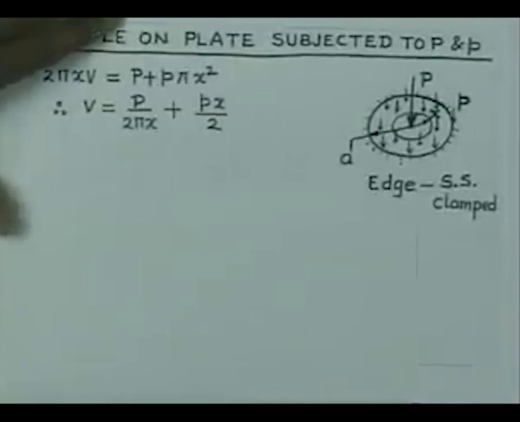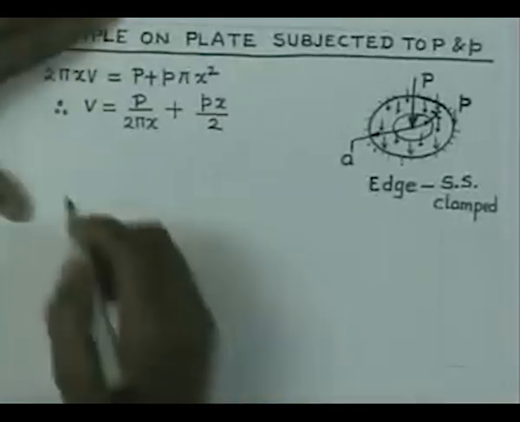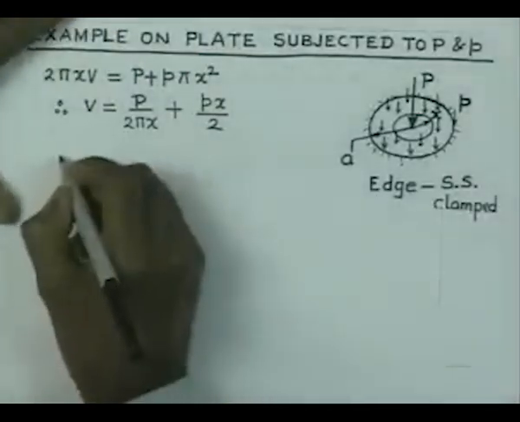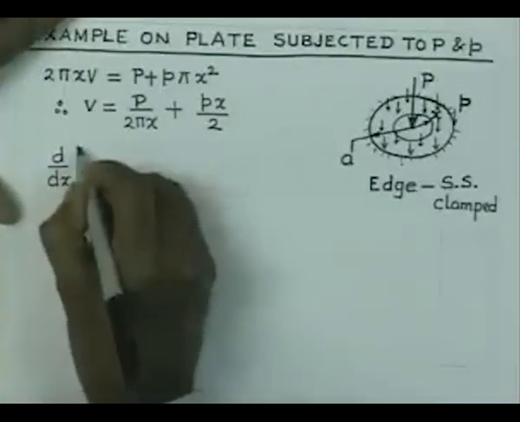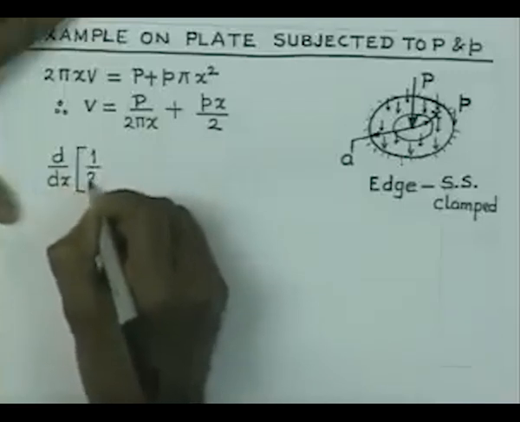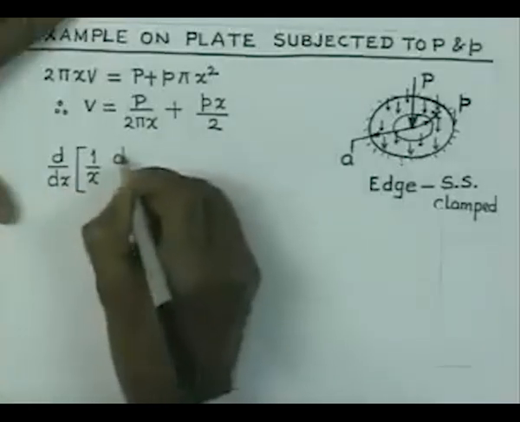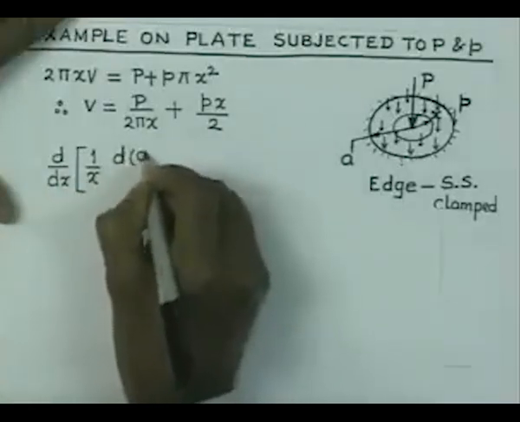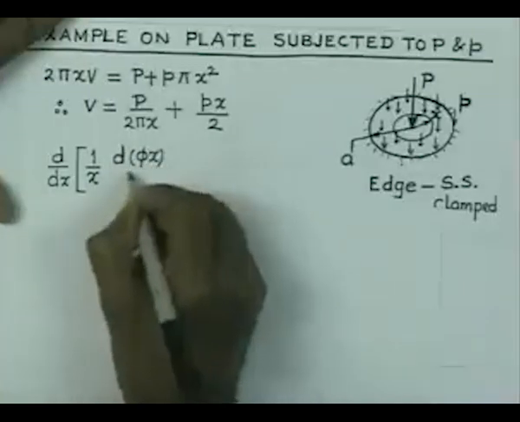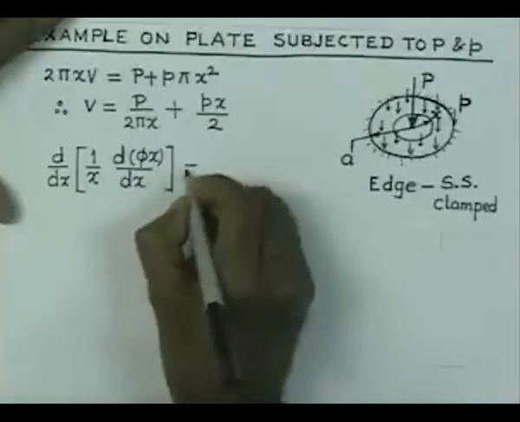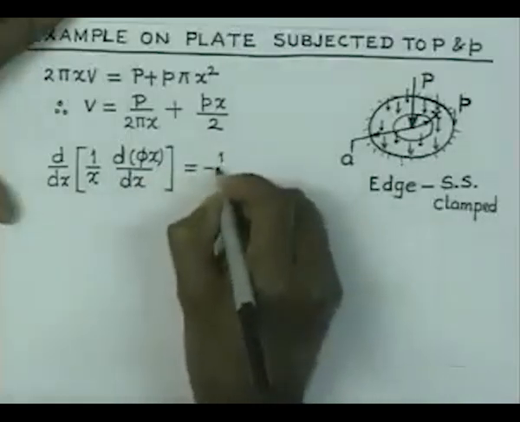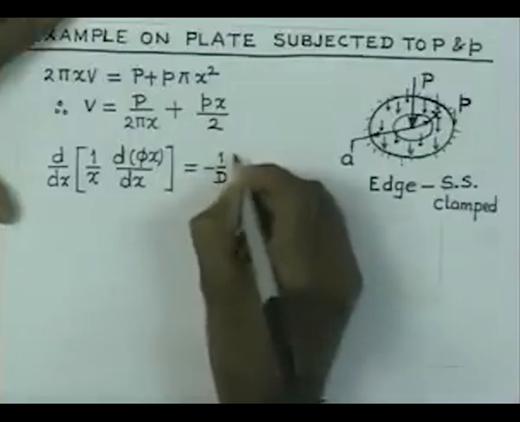We can substitute this value into the governing equation of deformation of a circular plate, d/dx of 1/x d(phi x)/dx is equal to minus 1/D.